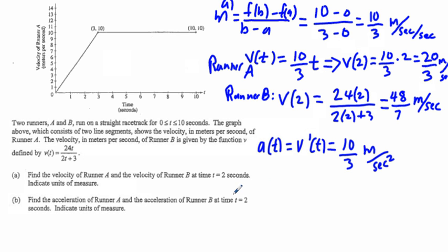Now, for runner B, this is, by the way, part B. For runner B, we want to find the acceleration.